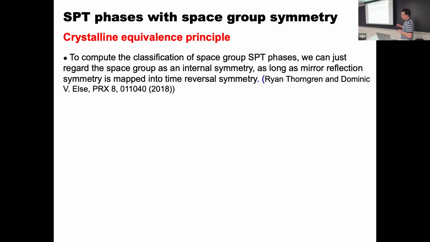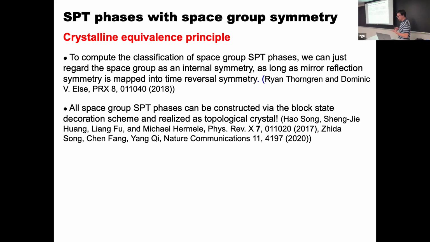This is by Else and Thorngren, I think, with some argument, and later a more rigorous proof by Yang Qi and his collaborators, based on the spectral sequence method. Basically, in this bosonic case, you can use the cohomology formula and show this correspondence very precisely. In the meanwhile, they also proposed the so-called block state decoration scheme. I will explain it in a few minutes.